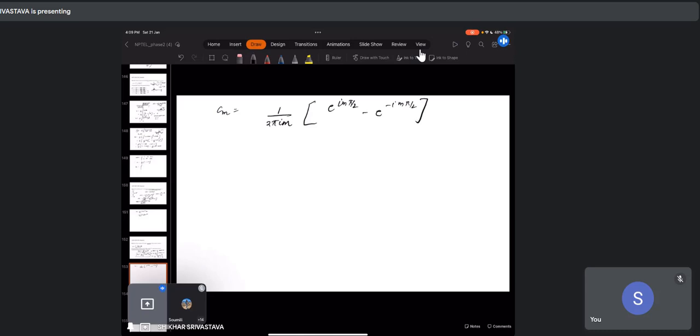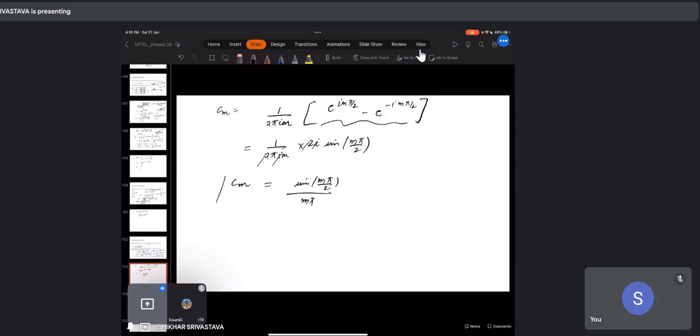Now that's simple, you can just write this as what? 2i times sine of m pi by 2. You can write this, right? Because sine of theta is e to the power i theta minus e to the power minus i theta by 2i. And then this will cancel out. So you'll have sine of m pi by 2 times m pi.